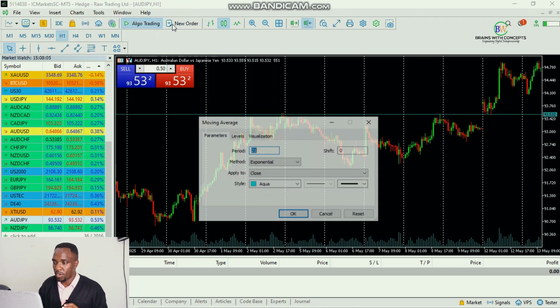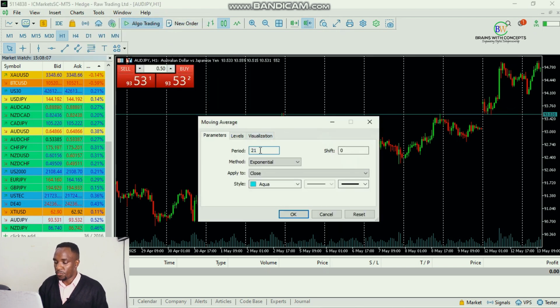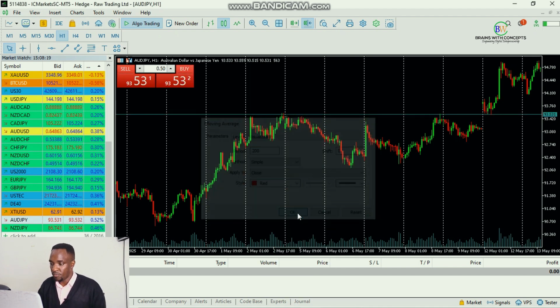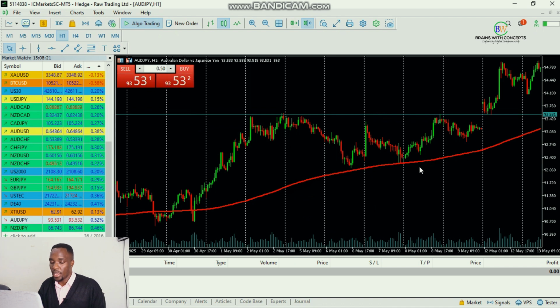So here it is, I'm adding the moving average. For the first moving average, we're going to use the 200 moving average. The method is exponential. I can change the color to red. And here it is, this one is the 200 moving average.